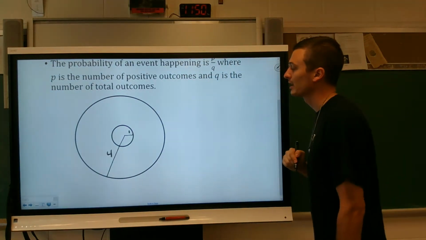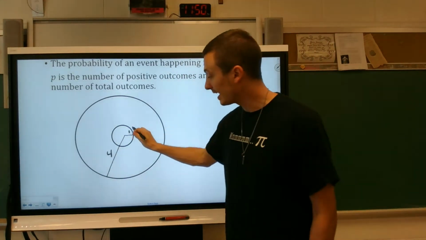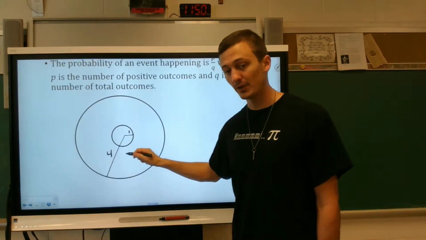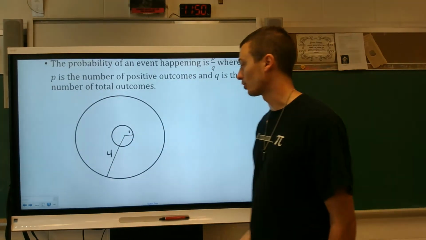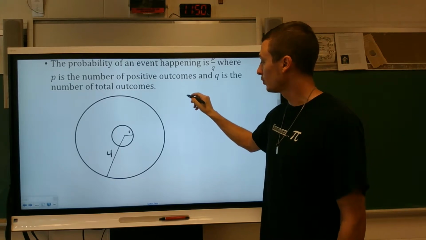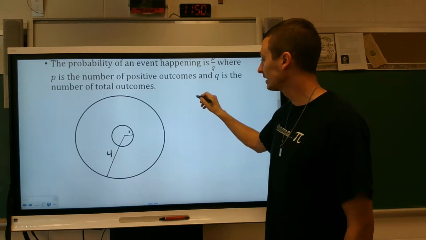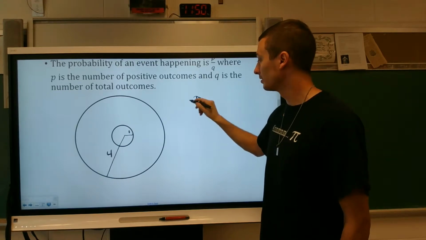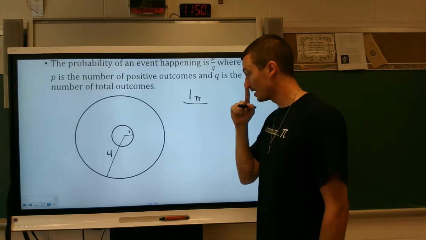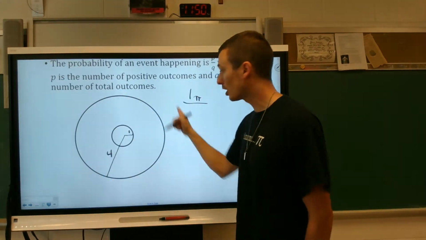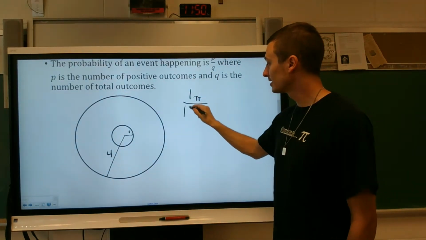So the probability of getting the bullseye would be the area of this small circle. Now the area of the small circle would be, remember, pi r squared. So pi r squared is just 1 pi, out of the entire dartboard, which would be 16 pi.